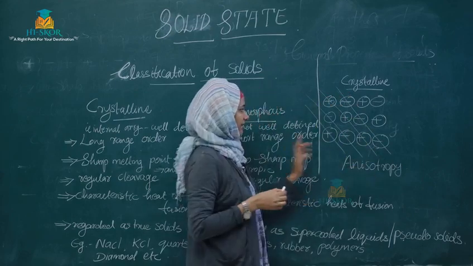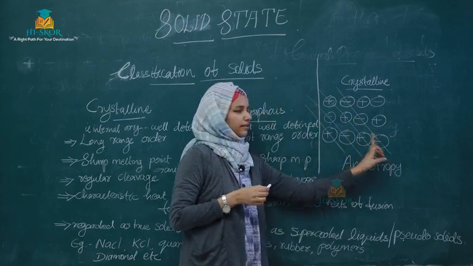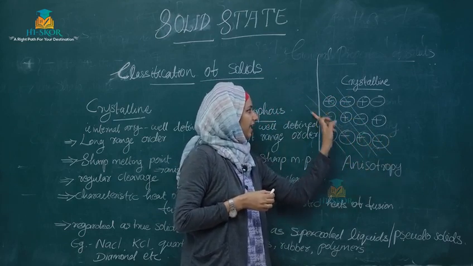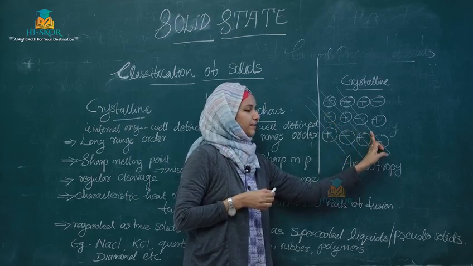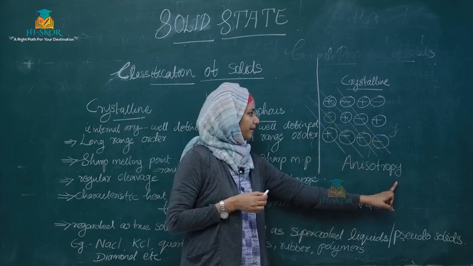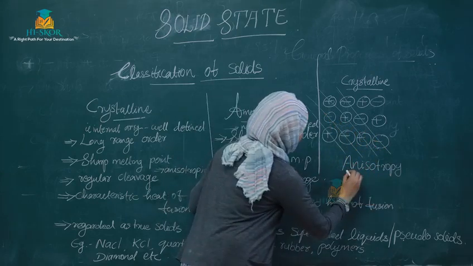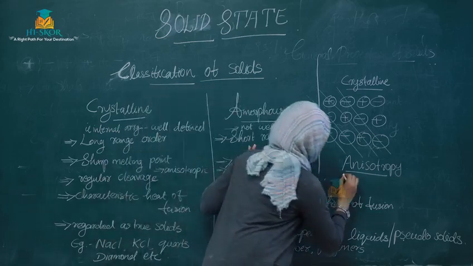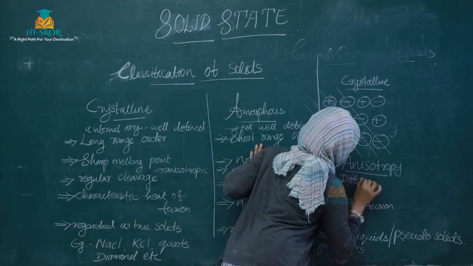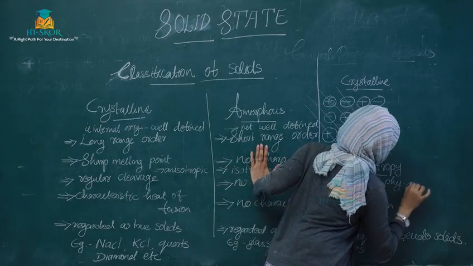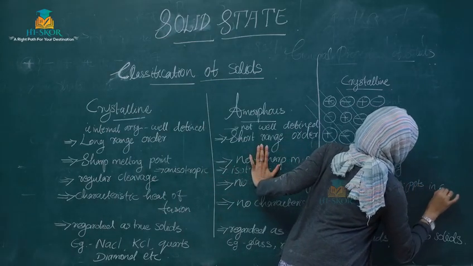Every beam of light has different properties. Such a property is called anisotropy. That is, different physical properties in all directions. What is anisotropy? Different physical properties in all directions.